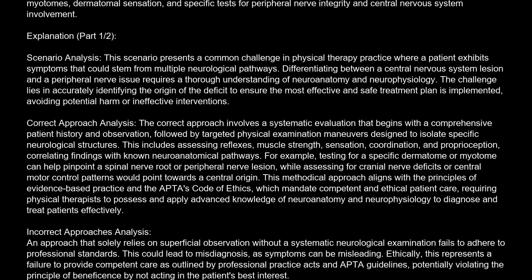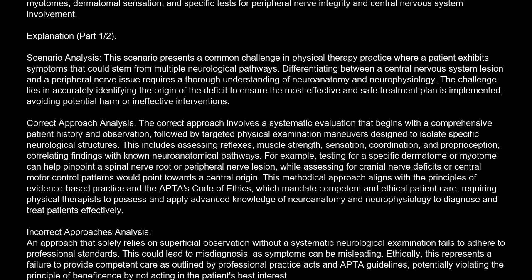Perform a comprehensive neurological examination, including assessment of reflexes, muscle strength across multiple myotomes, dermatomal sensation, and specific tests for peripheral nerve integrity and central nervous system involvement. Explanation. Scenario analysis. This scenario presents a common challenge in physical therapy practice where a patient exhibits symptoms that could stem from multiple neurological pathways.